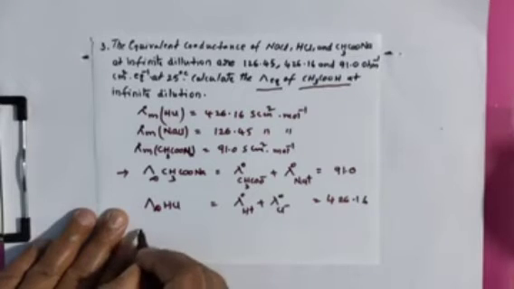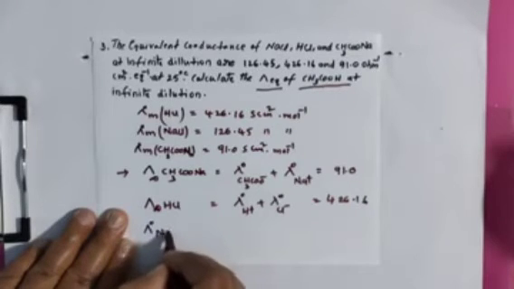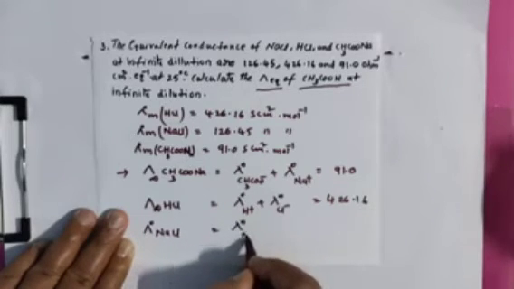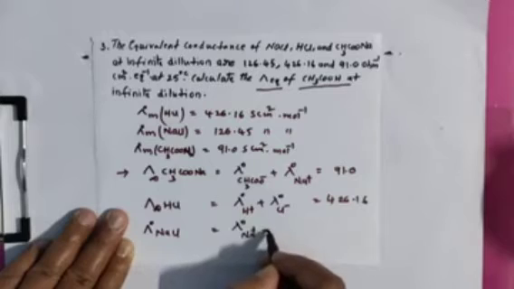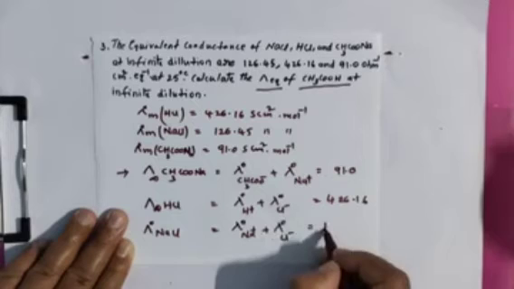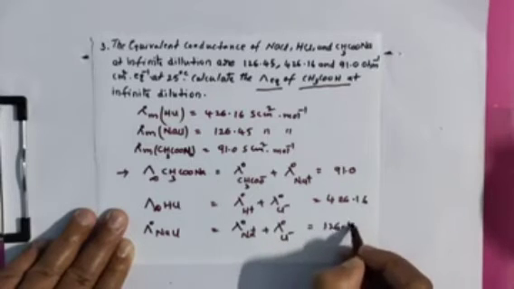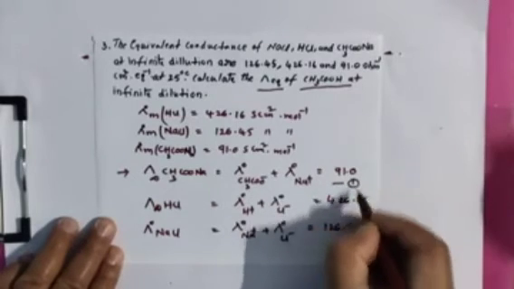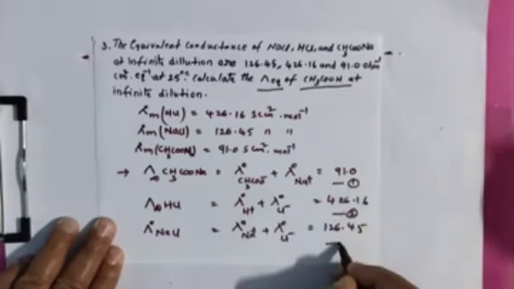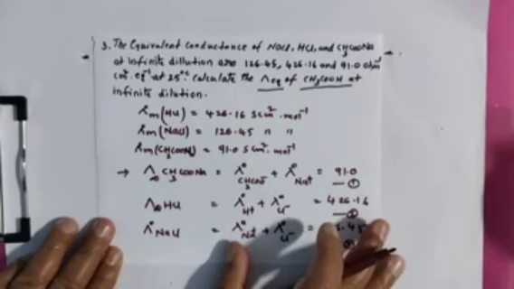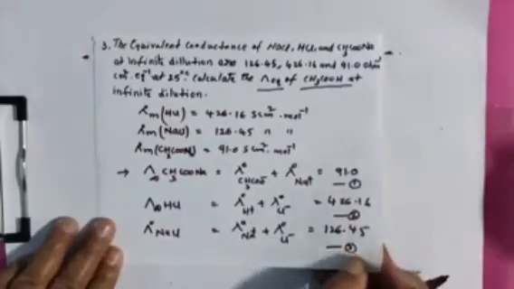And NaCl: lambda NaCl is equal to lambda naught Na plus plus lambda naught Cl minus, how much given? 126.45. These three are three equations. Take them as equation 1, equation 2 and equation 3. Clear? From these three equations we can solve the problem easily.